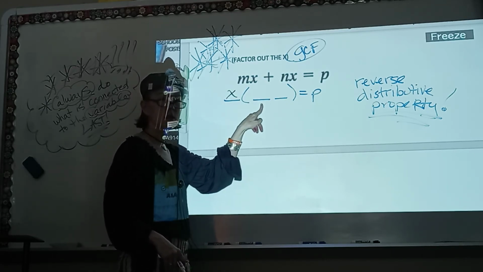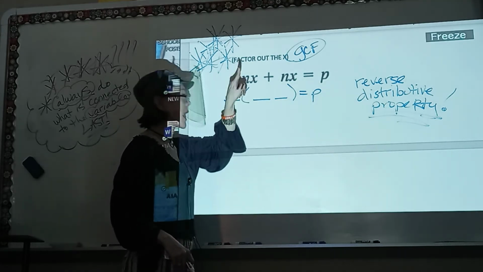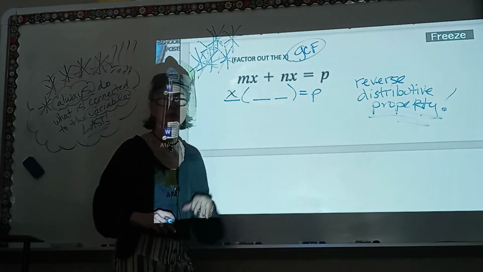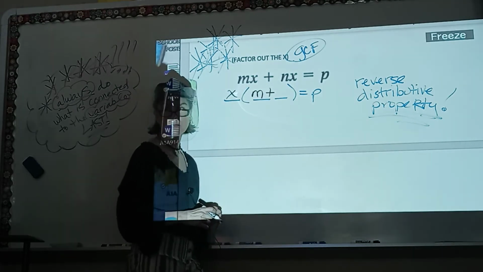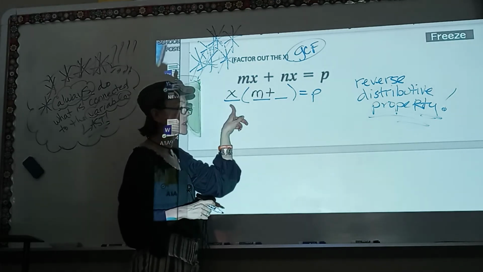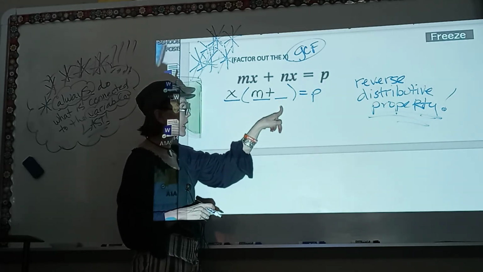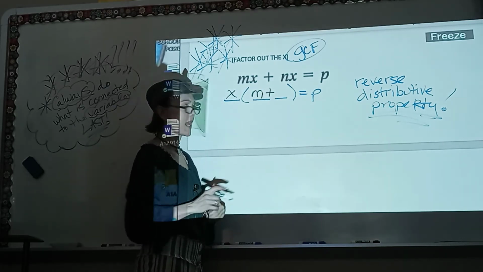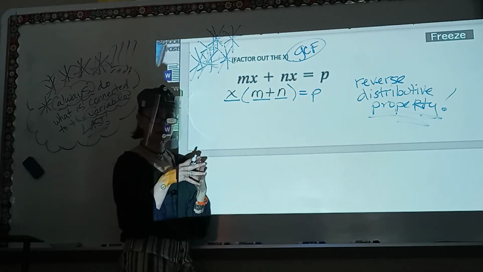Eyes up here, please. X times what gives me mx? M. Bring down your plus. Now, x times what gives me nx? N. Okay, do you all see what we just did?